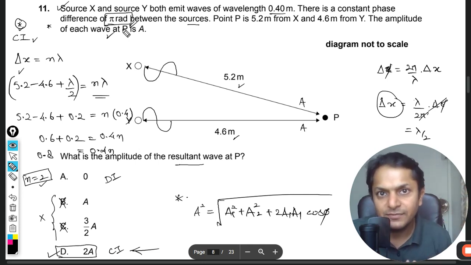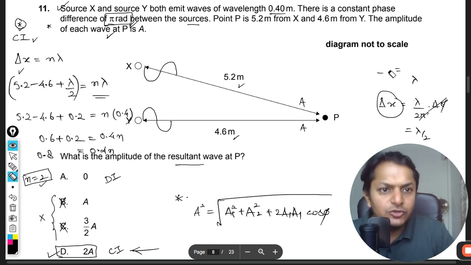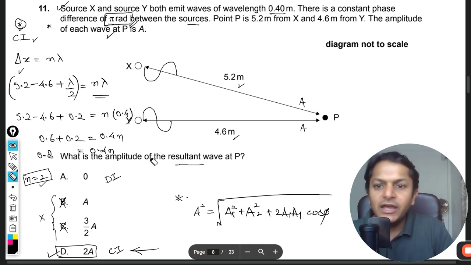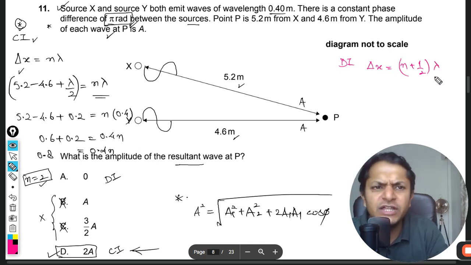Is that clear? I can even do that. This is a very different question, so let me please do it and just see it. Let us try. For the destructive interference, usually we take delta x equal to n plus half lambda in IB, but it could be n minus half also. That is not a problem.